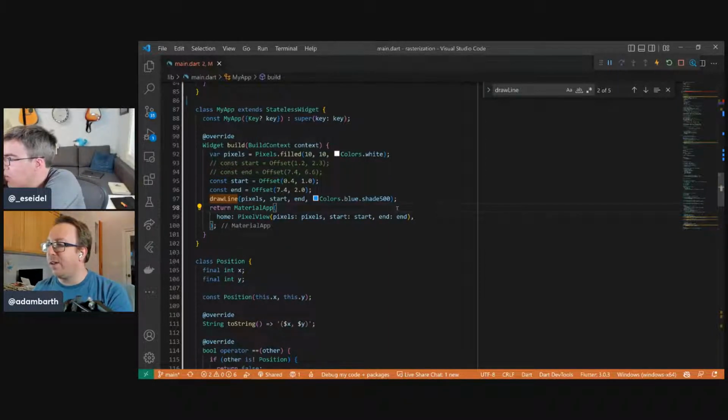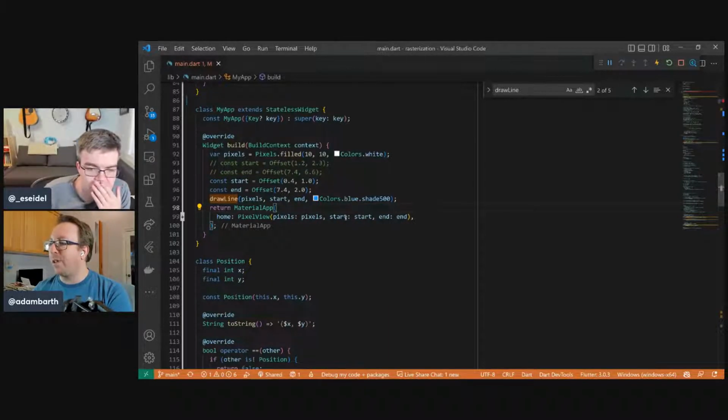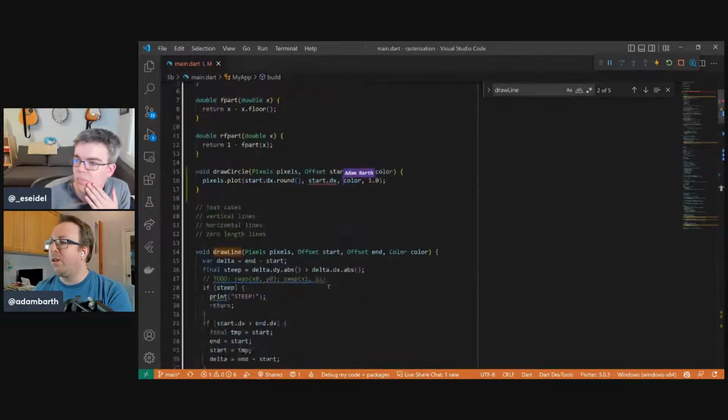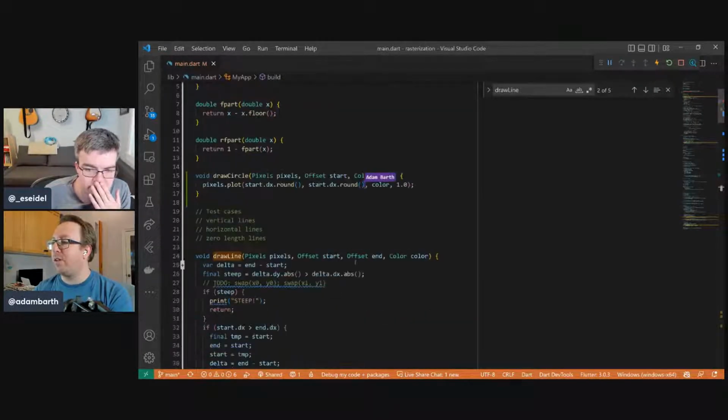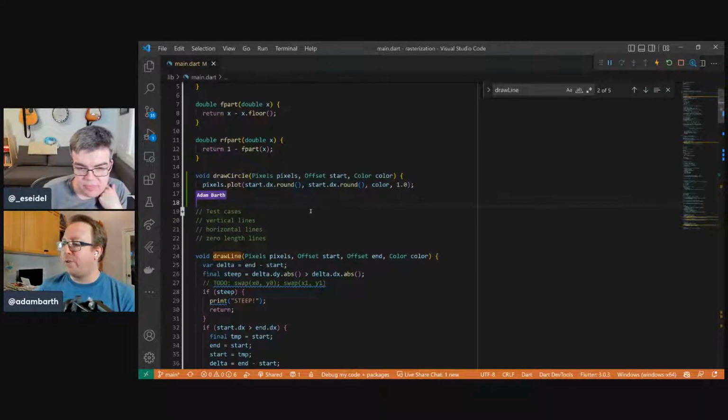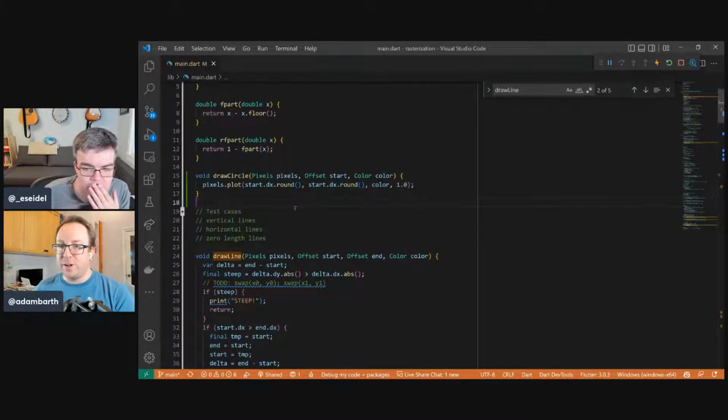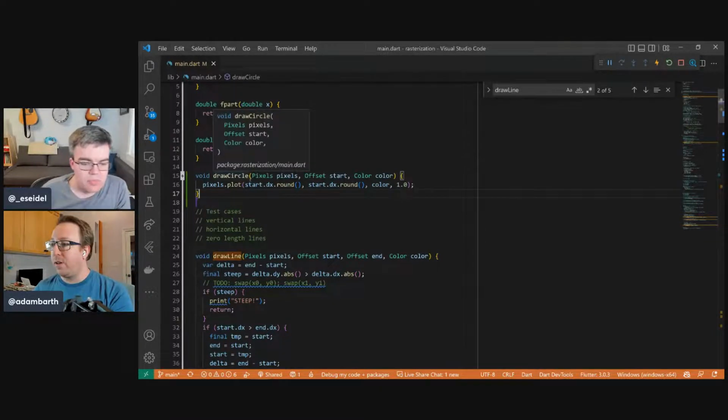This is mad. Oh, this wants an integer. So let's do round, I guess. Or this is going to be an integer-based algorithm. Let's try it just like this, round. Okay, so let's see if we can get this correctly. I was just trying to draw a single pixel to make sure that we remembered how this thing worked.